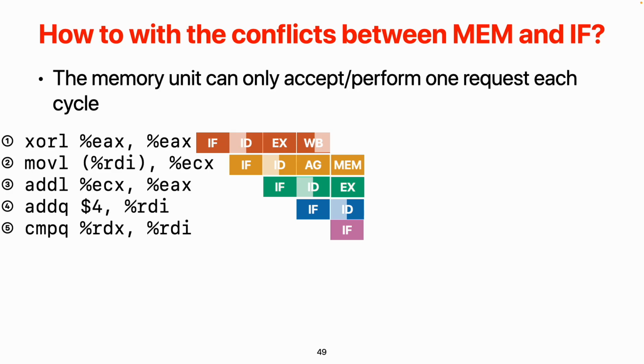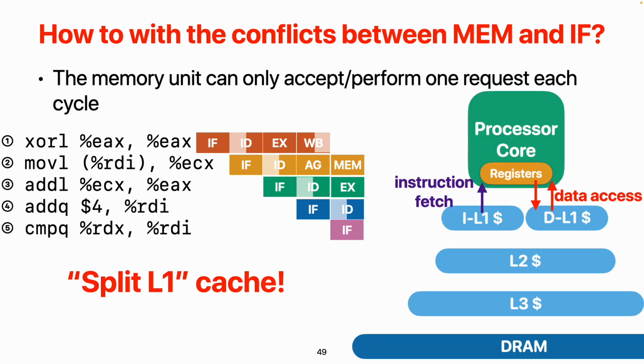In fact, you have seen that design a lot. The answer is pretty simple. We just make two separate cache units at the L1. Remember, when you profile the cache configuration, there's an I cache and also a D cache, right?